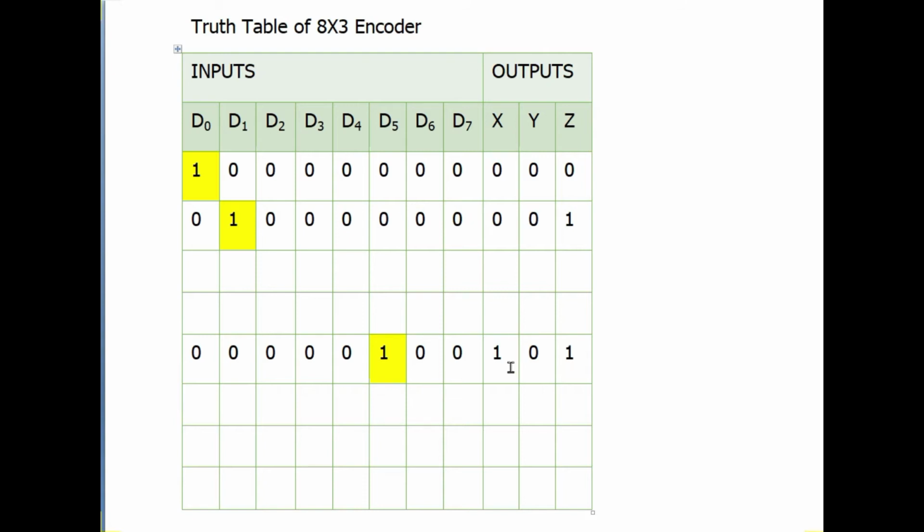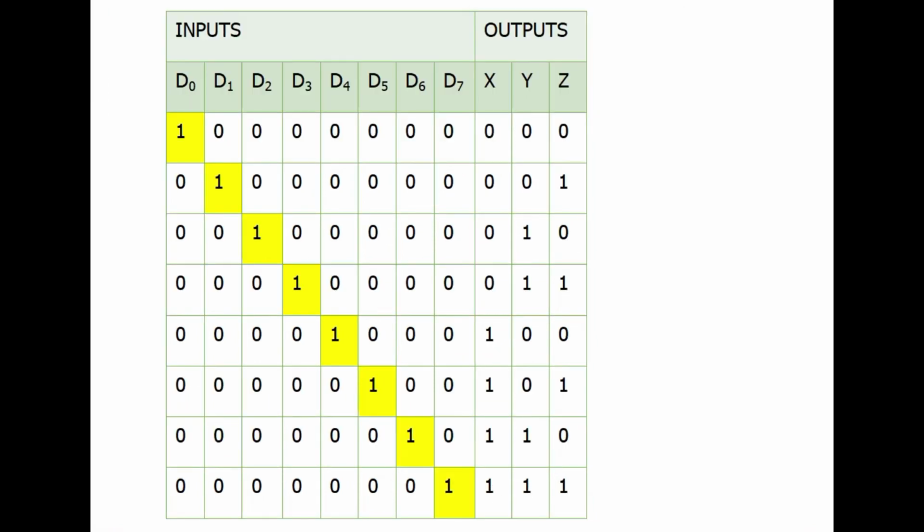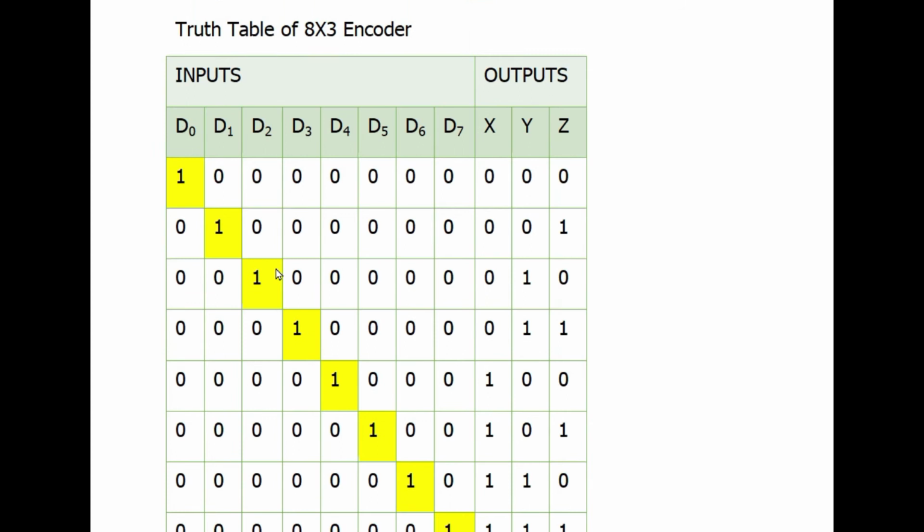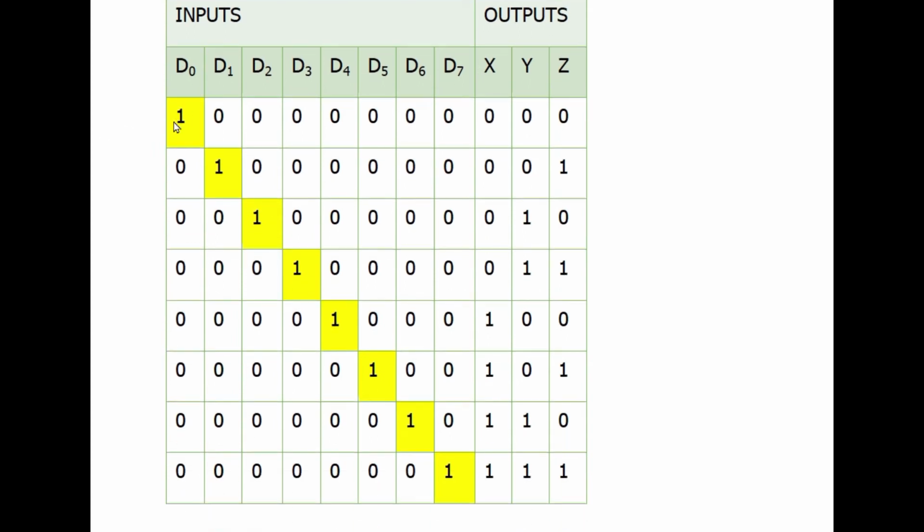Suppose D7 receives input 1, the remaining inputs are 0. Now this D7 will be encoded as the equivalent binary value of 7, so 1, 1, 1. So the entire truth table for the 8x3 encoder will look like this. At any time, any one input receives 1, the remaining inputs will be 0, and the corresponding binary number will be encoded.